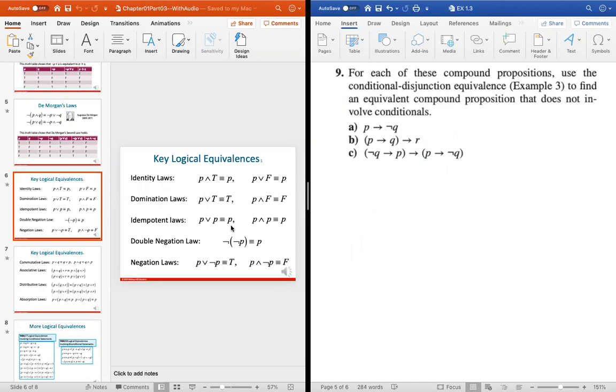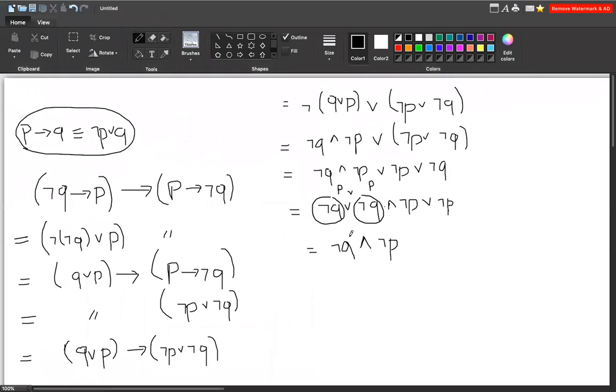So you have to use these analogies in order to solve these problems. That's why the rules are very important. Of course, you can use the truth table to reach some conclusion as well. And here I did the same.